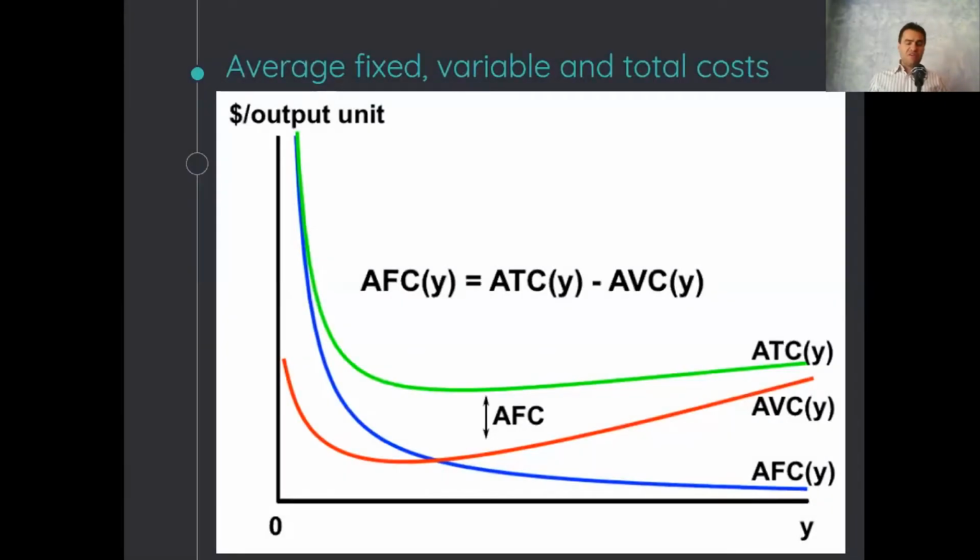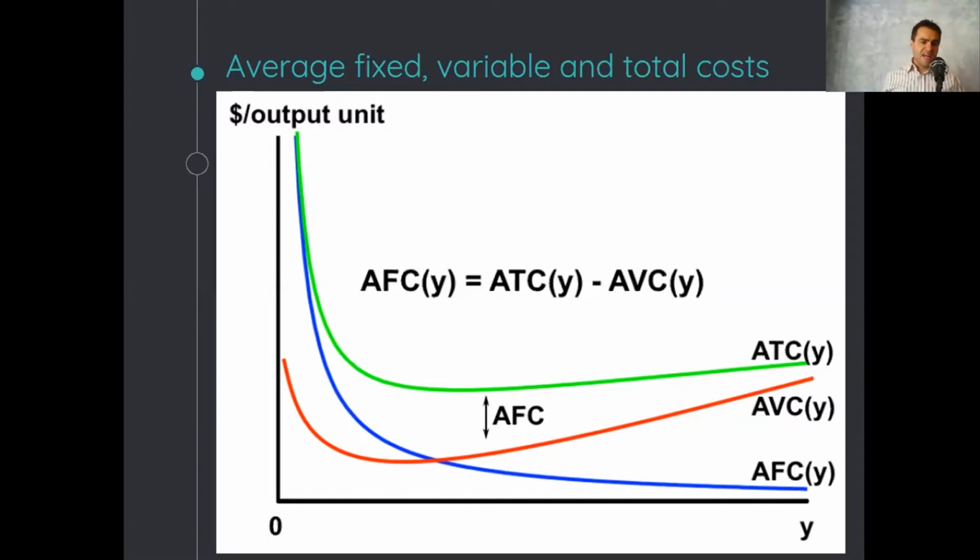Yes, the average total cost is essentially this slide, in the sense that the average total cost, ATC, is the sum of the average variable cost plus the average fixed cost. I rewrote this equation such that the average fixed cost is the difference between the average total cost and the average variable cost, because it resembles this idea in the graph.